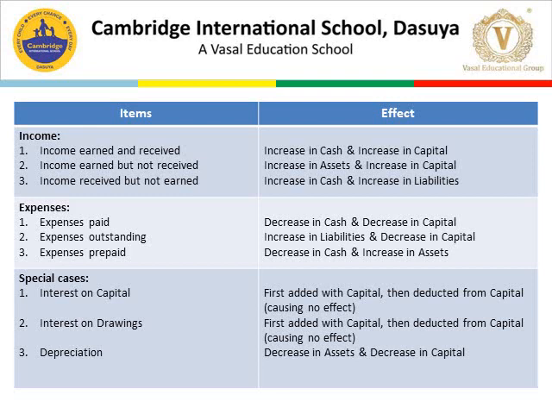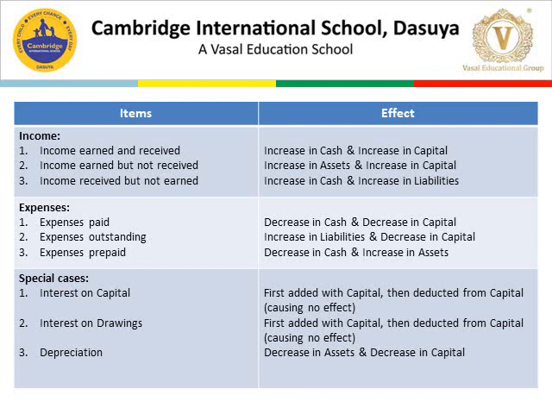Again, the expenses also have three different aspects. Number one, expense paid. So expense paid will decrease the cash and decrease the capital simultaneously. Number two, expenses outstanding. Expenses outstanding is a liability. It will increase the liabilities and decrease the capital.